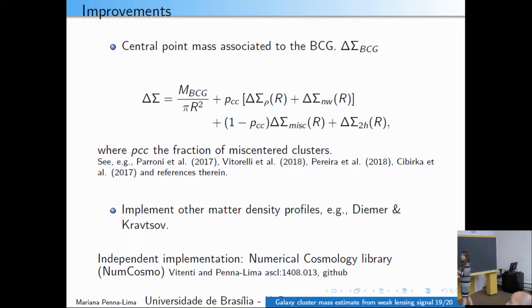All the things that I described here, we are implementing in the Numerical Cosmology library, NumCosmo, which is free software. Sandro Vitenti is going to talk in detail about this library on Thursday. In NumCosmo, we have not only the tools to compute cosmological quantities, but also mathematical and purely statistical tools.